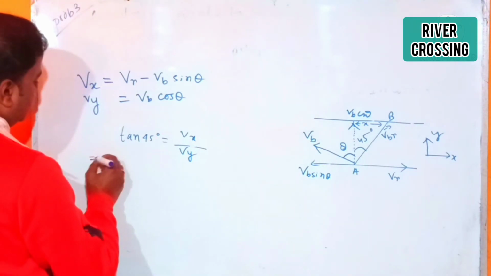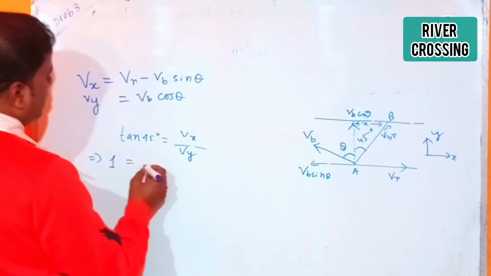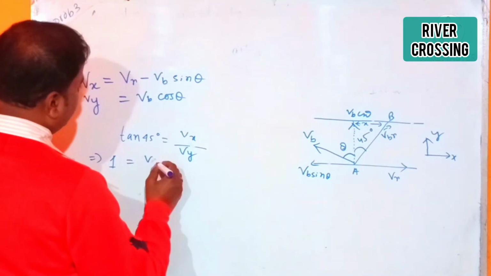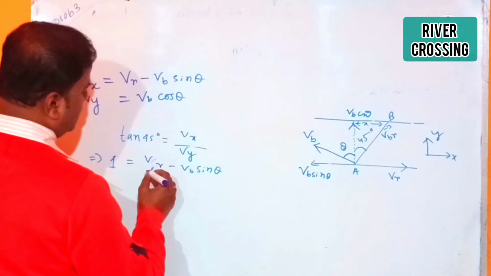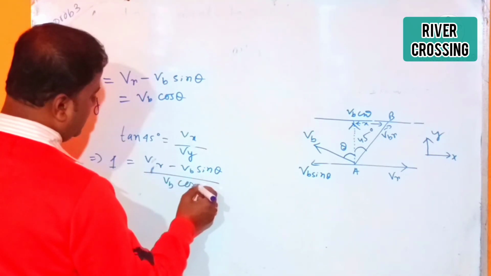This is 1. Vx equal to Vr minus Vb sin theta and Vy equal to Vb cos theta.